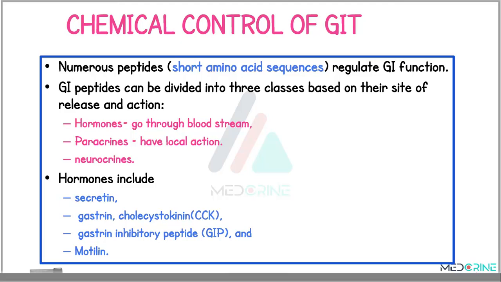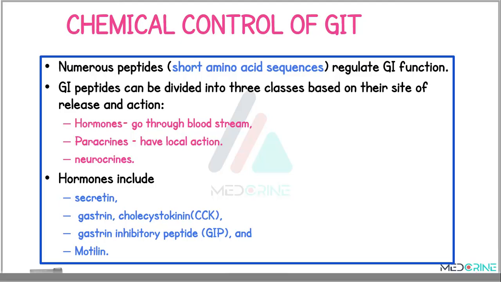After having looked at the neurocontrol of the gastrointestinal tract, we need to understand the chemical control of the GIT. A number of peptides or short amino acid sequences are responsible for the regulation of the gastrointestinal function. The GI peptides can be divided into three classes based on the site of their release and the site of their action. That is, we have hormones, we have paracrines, and neurocrines.